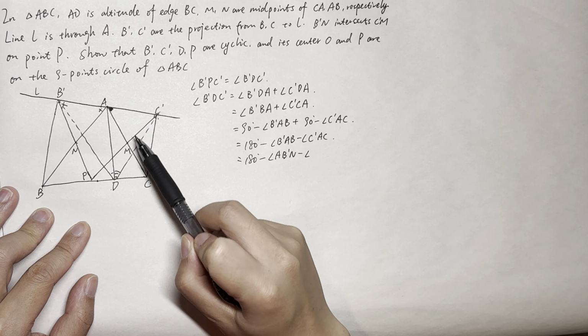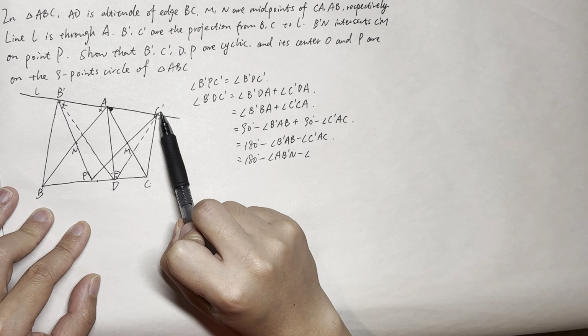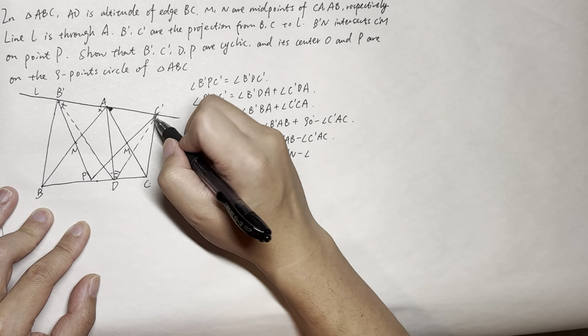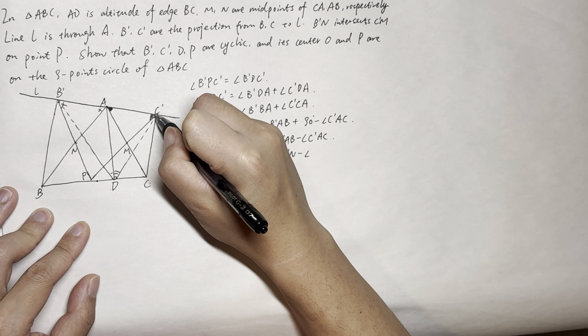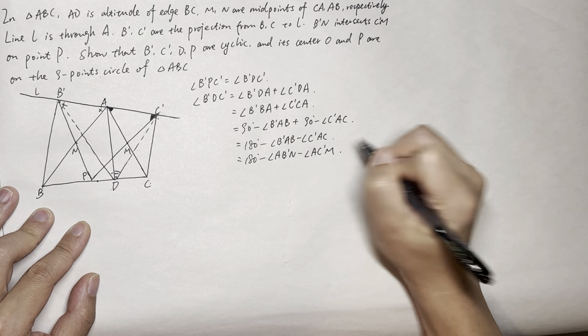Because AM equals MC prime equals MC, angle C prime AC equals angle AC prime M.